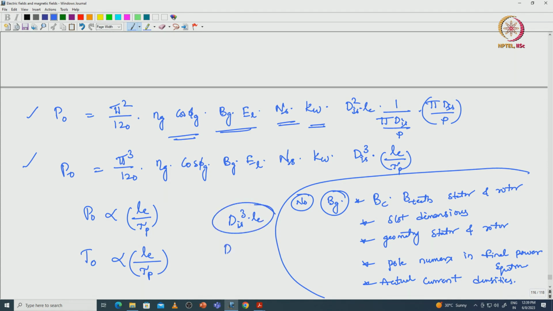The volume will be the D square L product, into one more diameter, that is the D cube L product, where we will consider the flux densities with respect to different parts, and slot dimensions and geometries of the stator as well as rotors, and the actual current densities also. Why is actual current density more important? The current density in this analysis we are considering at the air gap, but we have to consider the current density with respect to the slots where the actual conductors are placed. That we will discuss in the next class.